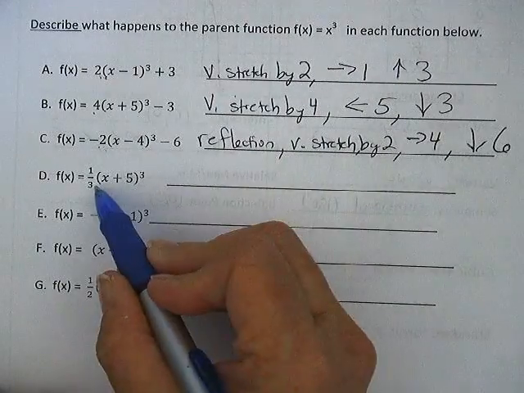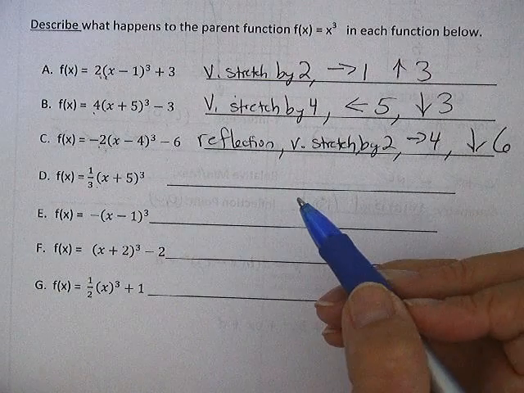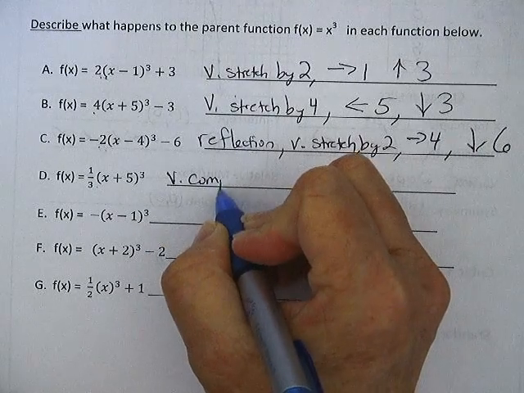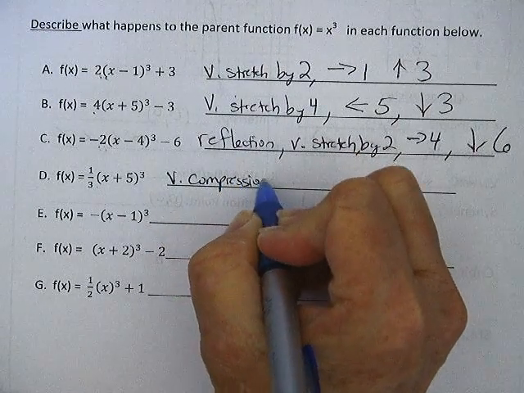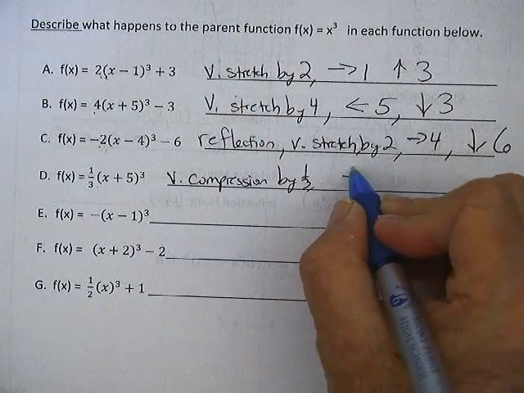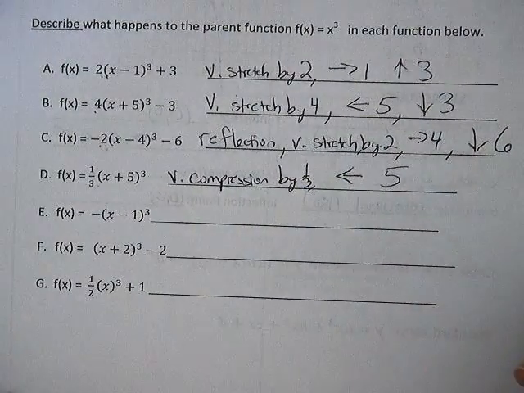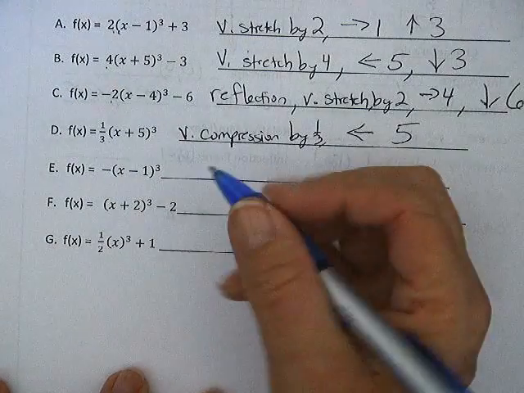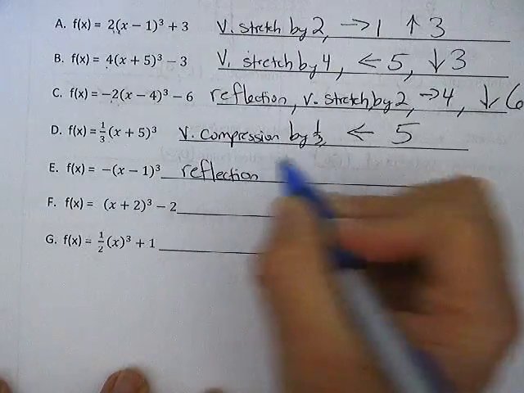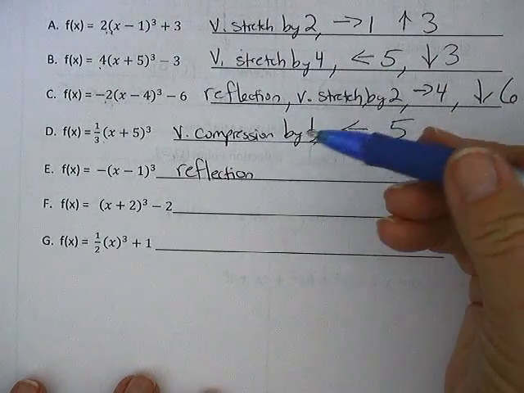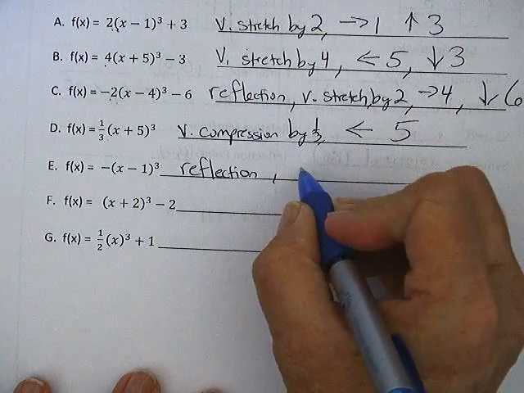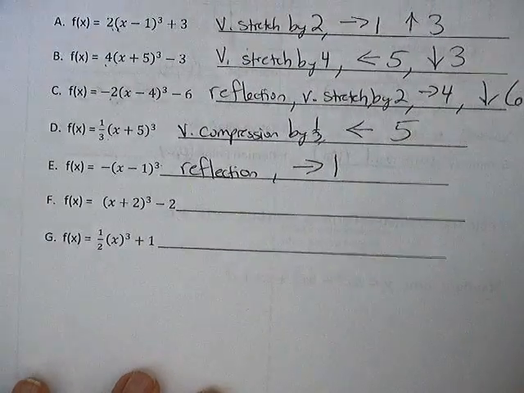On D, the 1/3 tells us it's a vertical compression by 1/3, and we've gone to the left by 5. In E, we've got a reflection. Remember, we reflect across the x-axis on these, and x minus 1 cubed tells us that we have moved to the right by 1.